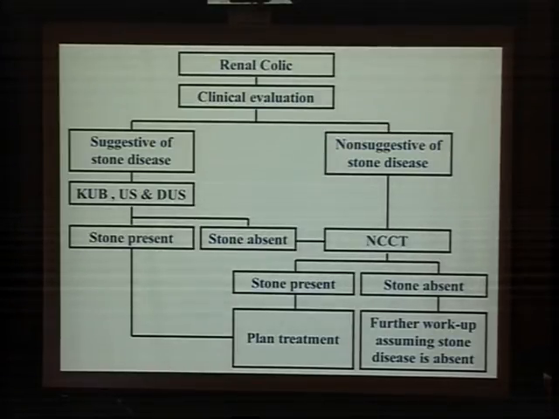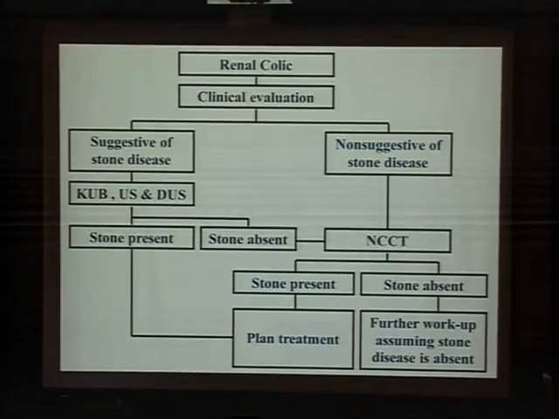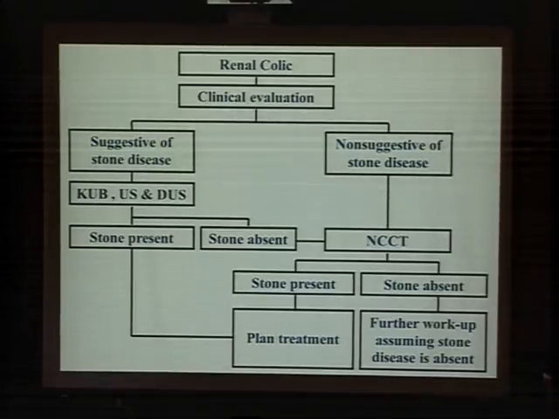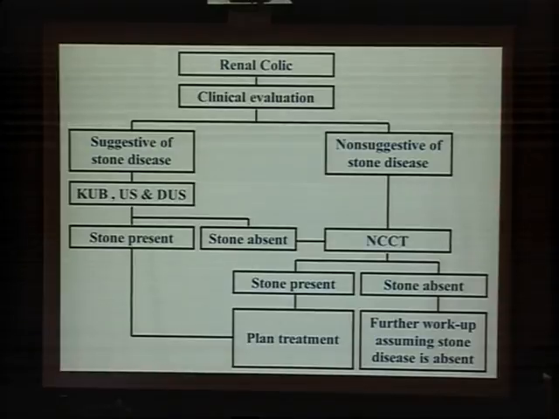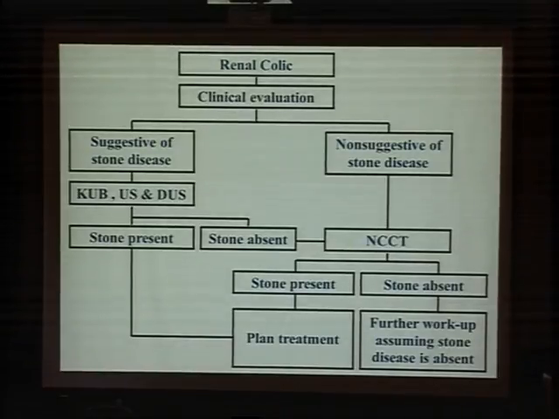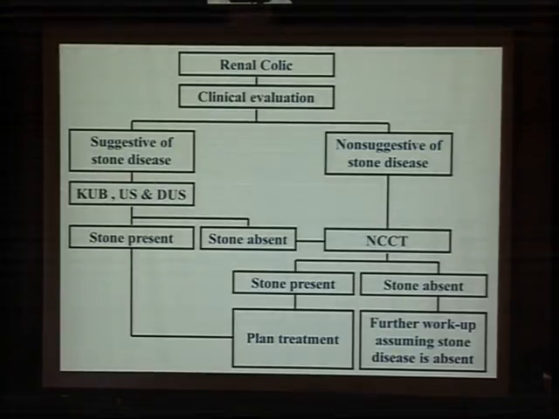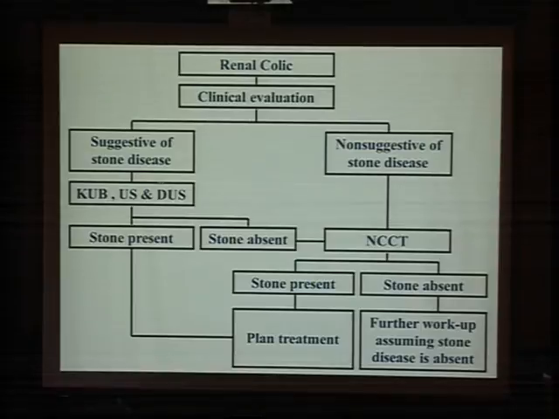But in a patient with flank pain where clinical evaluation is suggestive of stone disease, for example the patient has a past history of repeated attacks of renal colic, past history of stone passage, past history of endoscopy or open stone surgery, then you do KUB plain X-ray, grayscale ultrasound with Doppler ultrasound.